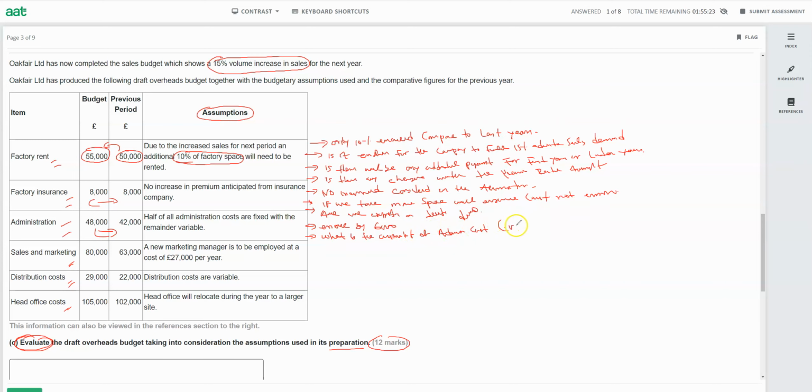That means the variable and the fixed. Because if the variable cost increased by 15%, then we need to see how much is the admin cost increase, and that is increase from 42 to 48.